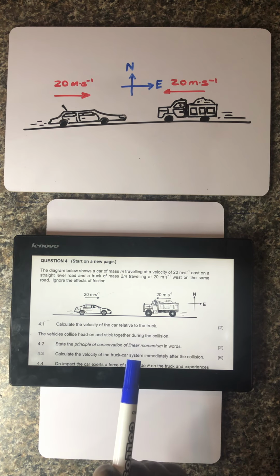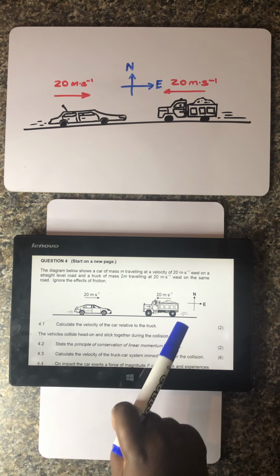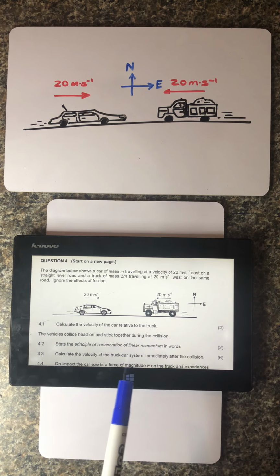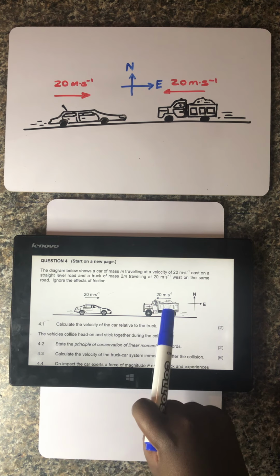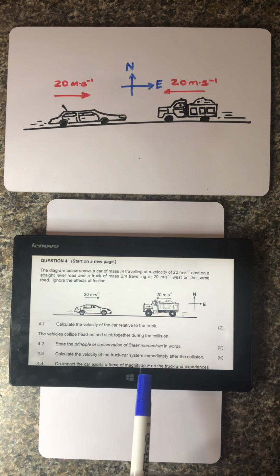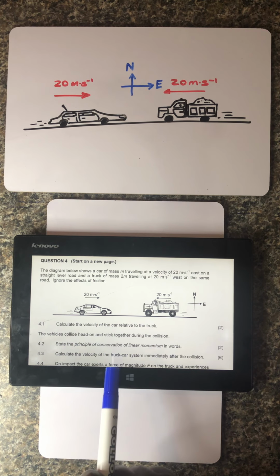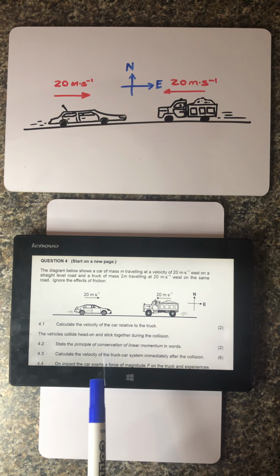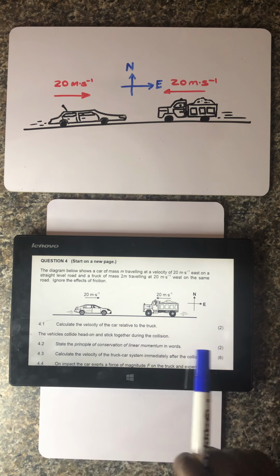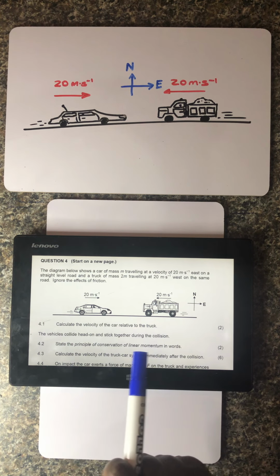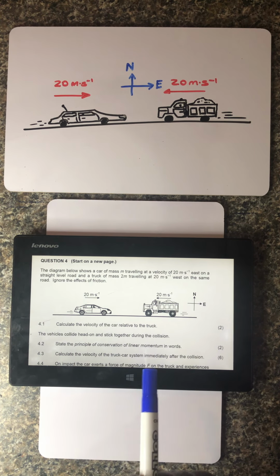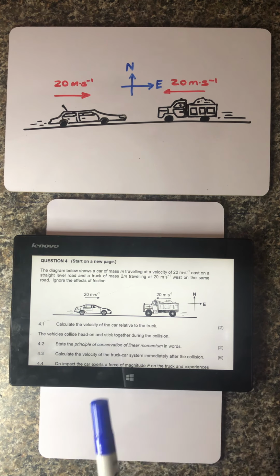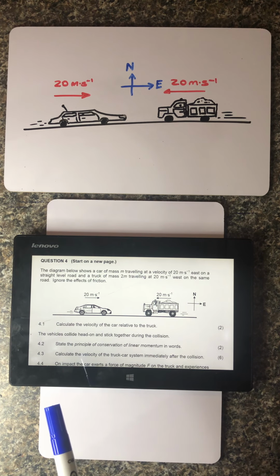At all times, east is towards your right hand side, and west is towards your left hand side. In most cases we take east as the positive direction and west, towards the left, as the negative direction.